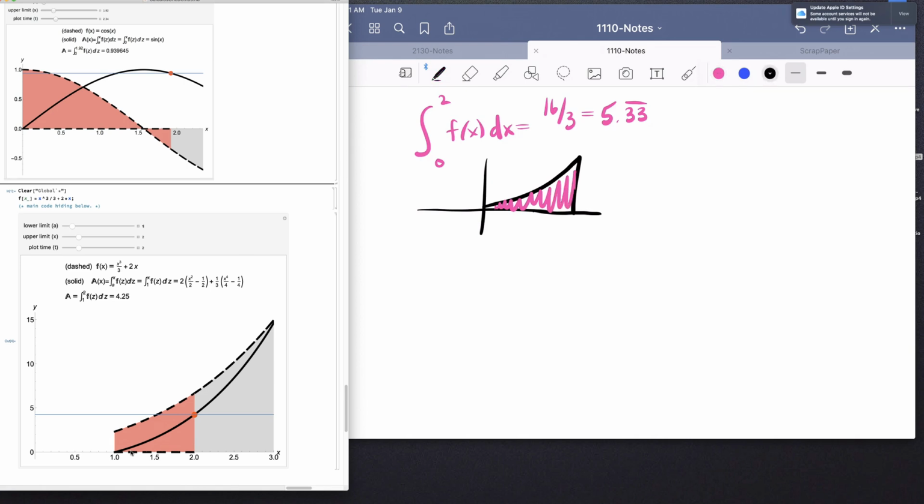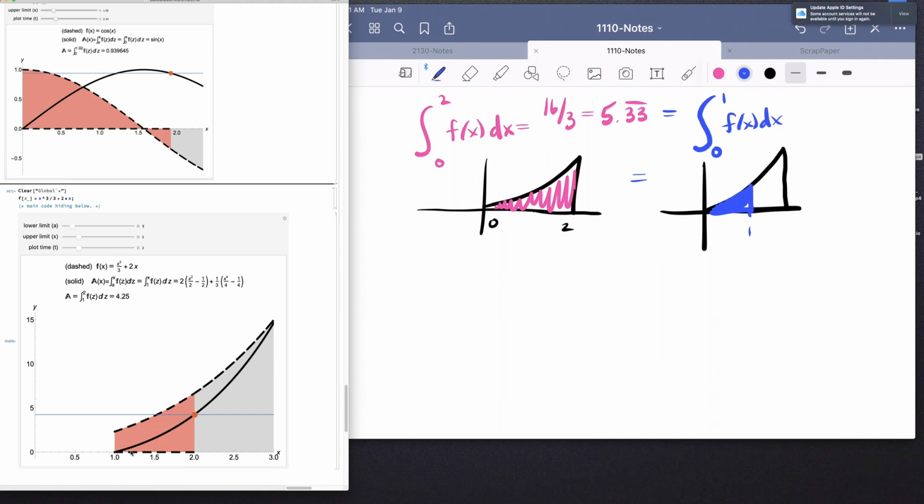But then the property of the integral said that that 5.33 was equal to the definite integral from 0 to 1 of f of x dx. So instead of going from 0 up to 2, that integral is going to be equal to the 0 to 1 integral. Here was that whole region again, but instead we integrated from 0 to 1 and we got only part of the area.